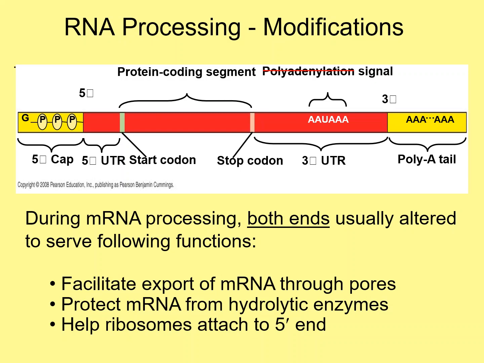So how long the poly A tail is actually affects how many times we can translate these instructions on the ribosome. Because as we're going to see when we get to translation, we can reuse our mRNA molecule. We essentially translate it over and over again.